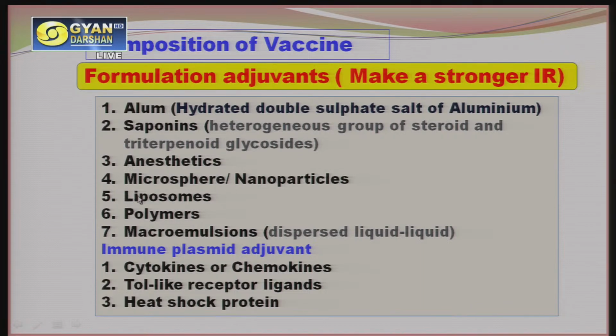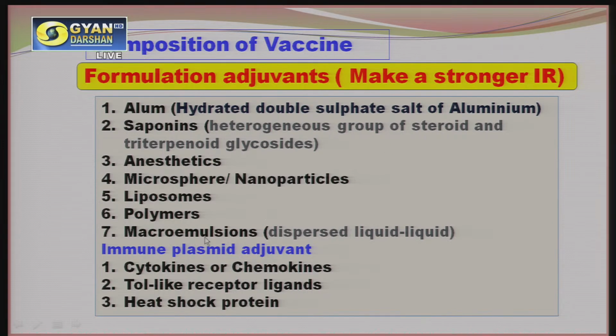And the fifth one is the liposome. We can encapsulate the vaccine inside the liposome. The polymer, various polymers we can utilize for formulation of the vaccine. And macro emulsion: the liquid dispersion would be very high if you make macro emulsions of your vaccine.